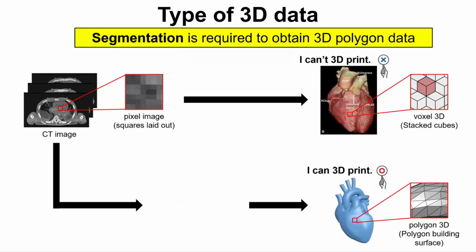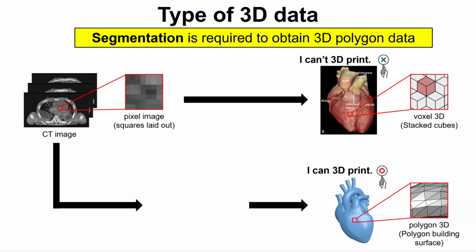So how do we obtain these 3D data from image sequences? First of all, let's check out images in image sequence. They are two-dimensional images. They are typical pixel images. And pixel images are made up of small squares, each with its own color, and these small squares are arranged to form a single picture.